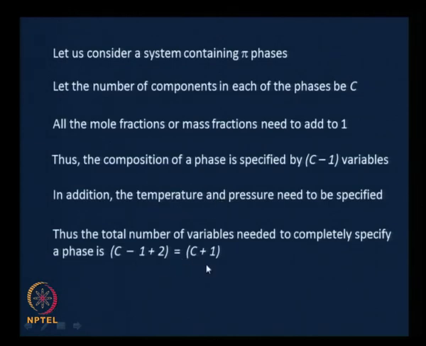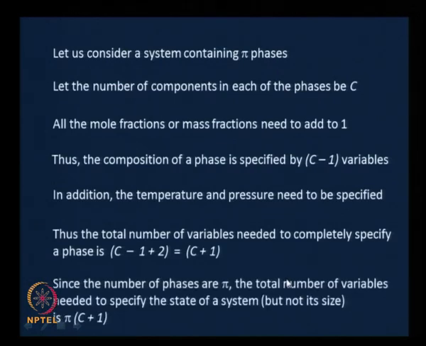You add all these together, you get C plus 1. And we said that each of these components is present in all the phases, and the total number of phases is pi, and therefore, the total number of variables needed to specify the state of the system, but not its size of course, is pi phases times C plus 1 variables that are required to specify in each phase. Therefore, pi into C plus 1.